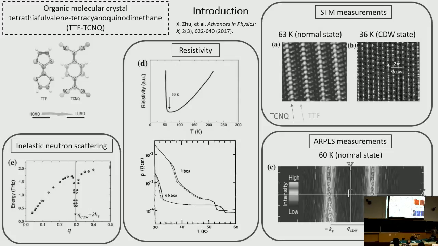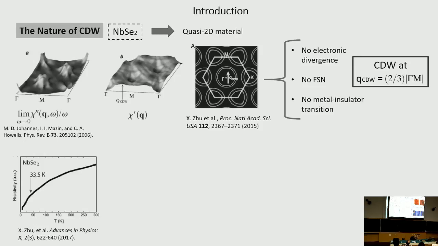So indeed that occurs in nature, but nature is not what we want. For instance, recently in some quasi-two-dimensional materials, like transition metal chalcogenides, they can show that, for instance, for this one, niobium selenide, you don't have a divergence in the electronic susceptibility.